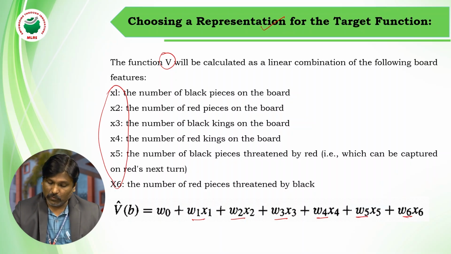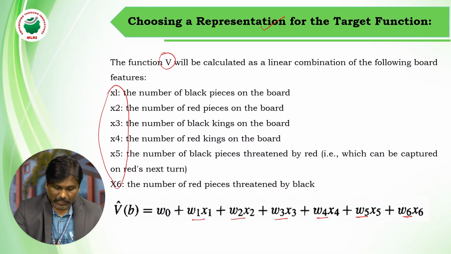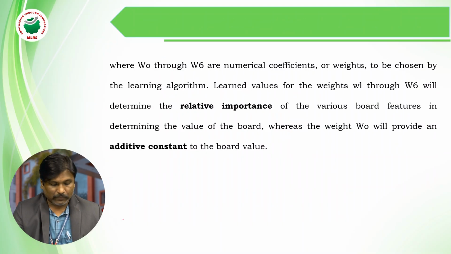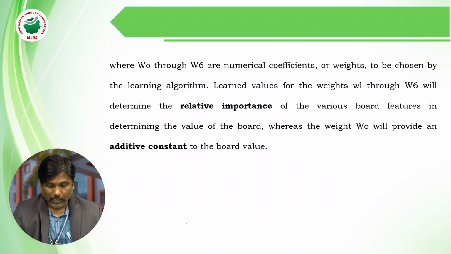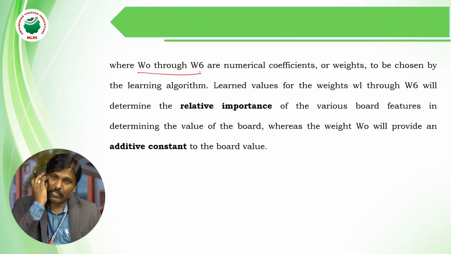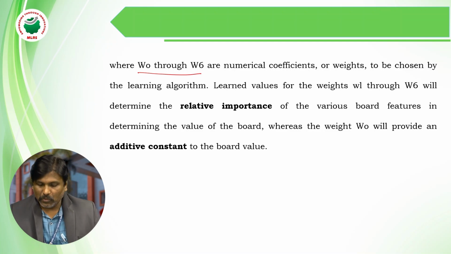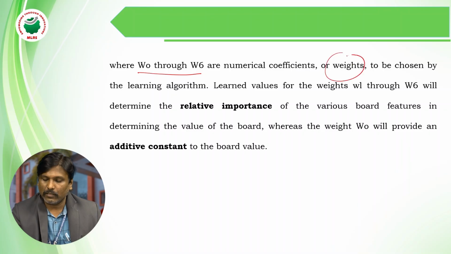So here w1 to w6 are the 6 different weights, and x1 to x6 are the different variables. My approximation function V cap of B is represented in those conditions, where w0 to w6 are the numerical coefficients or weights.